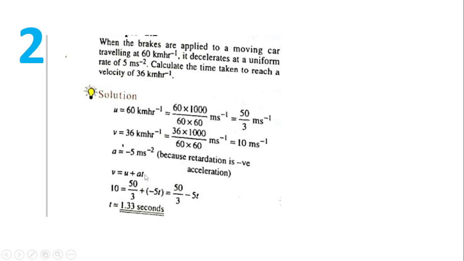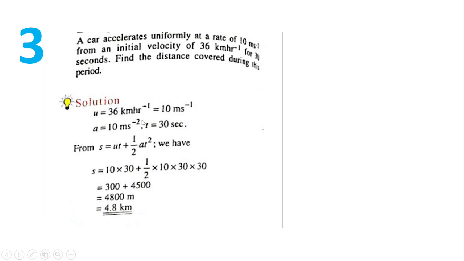We have this, and we have to find the distance covered. We can make use of this formula among the equations of motion: distance equals initial velocity times time plus half the uniform acceleration times time squared. We have this, then you get the final answer.